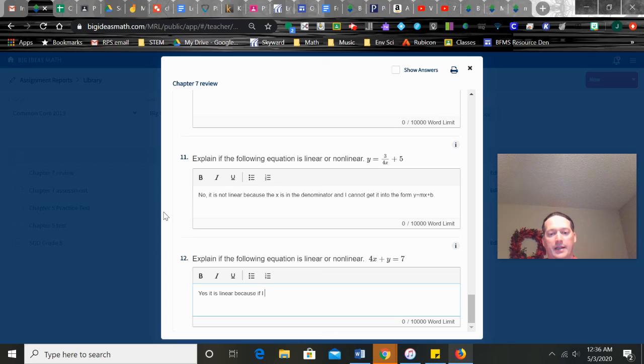If I subtract 4x from both sides, the equation will be y equals negative 4x plus 7, which is in the form y equals mx plus b.